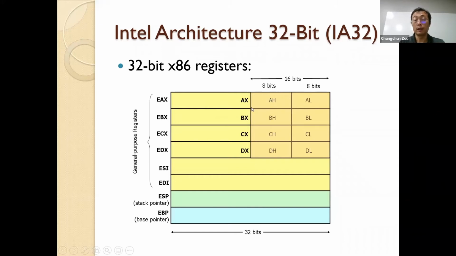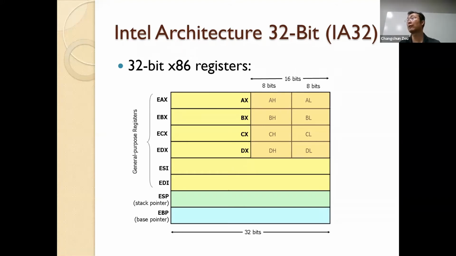You can use AX to represent the lower 16 bits of the register. The whole register, you use EAX to represent this whole 32 bits. In this way, your code can be backward compatible.